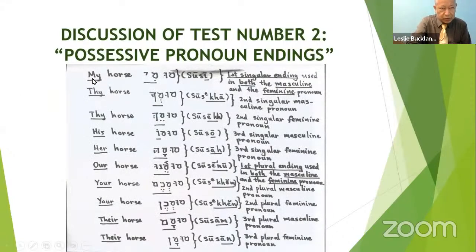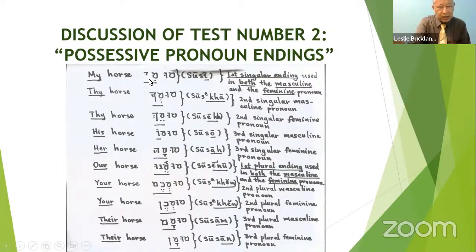Well, here it is. My horse is Susi. Sus by itself is horse. It is a noun, which is a masculine singular noun. But if you want to say my horse, you put the possessive pronoun ending at the end of the word, and that is the long vowel long hirik, which is an E sound.